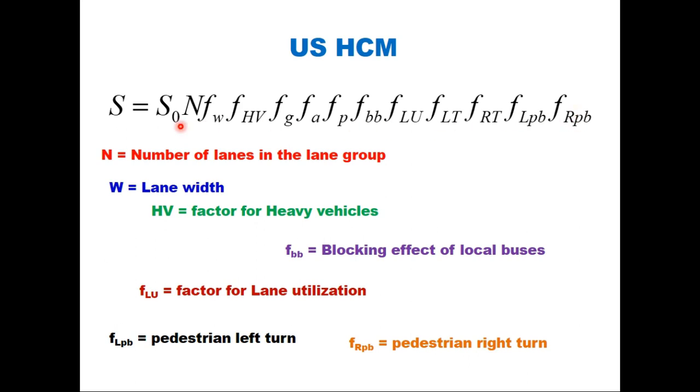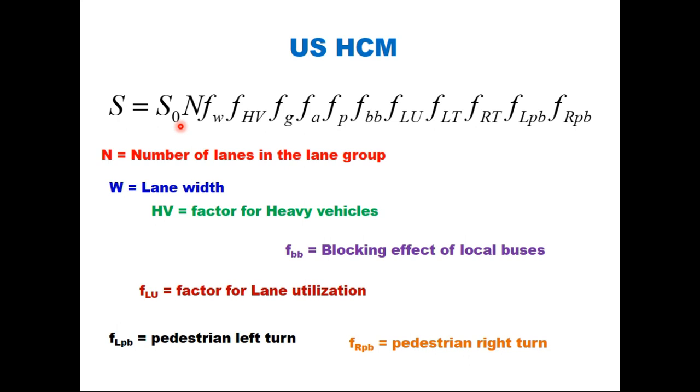Now the HCM method is different from UK method in the sense that here the method is based on lane groups. It is not based on individual lane. So all lanes in the approach are divided into 3 lane groups. One lane is for straight going vehicles, another for left turners, another for right turners.